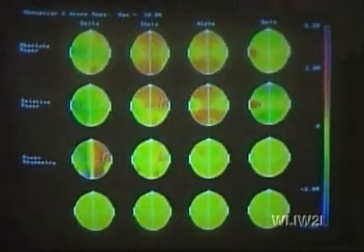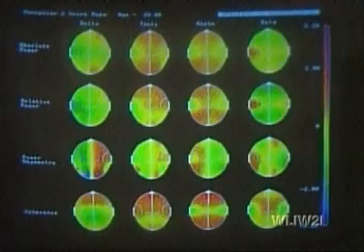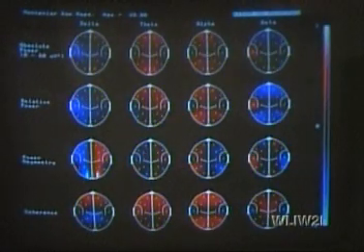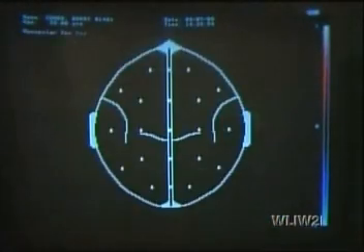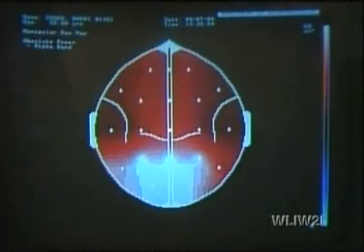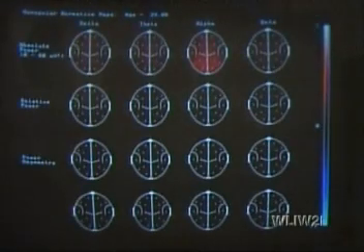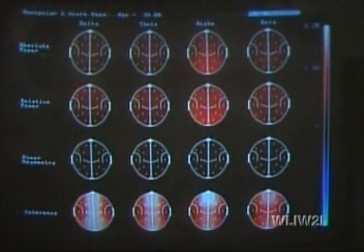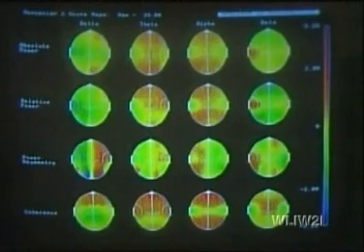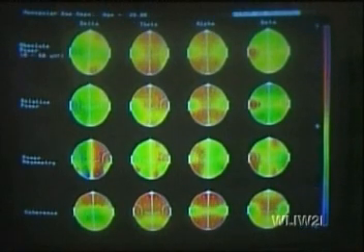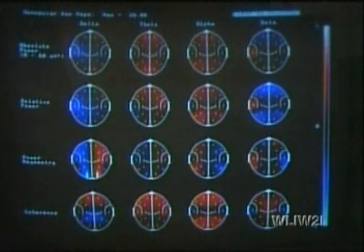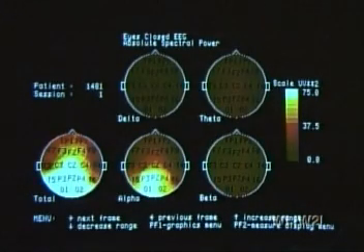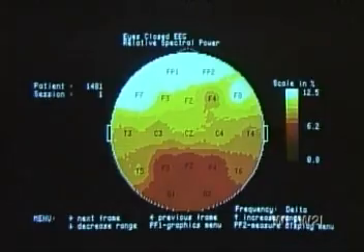To the extent that there is an excess of some kind of activity in a particular region, that region becomes colored red. The more abnormal the excess, the brighter the color of red, going up to orange. If there is something lacking in an anatomical region, if it's deficient in a certain kind of activity, that region becomes colored blue. When abnormalities are present, they appear as blotches of color in certain regions.